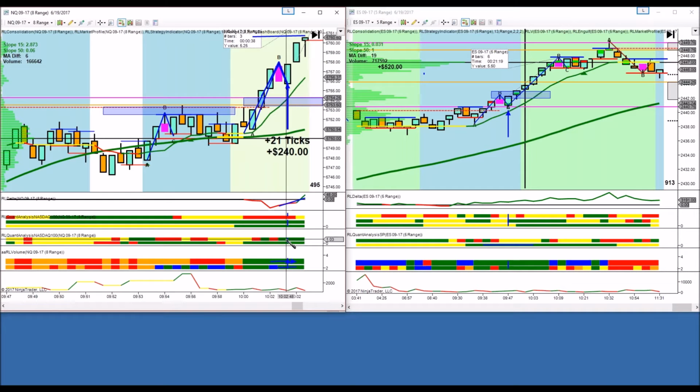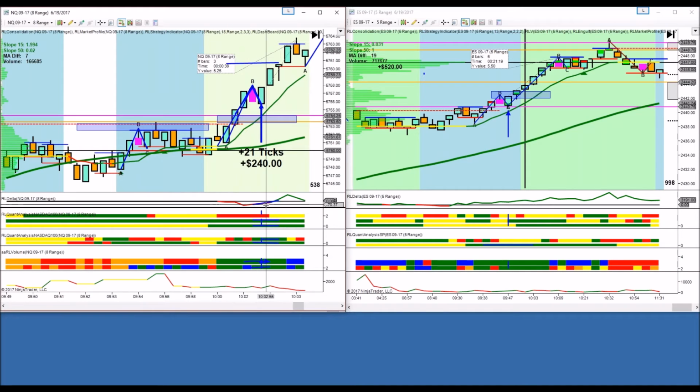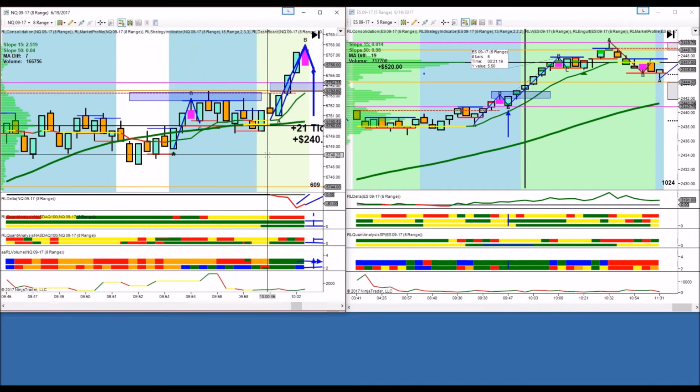Our analytic assessment of the cash markets, correlative markets, green, green. 2 out of the 3 futures quants, looking at correlative markets on the futures markets are green. The delta is negative but rising.